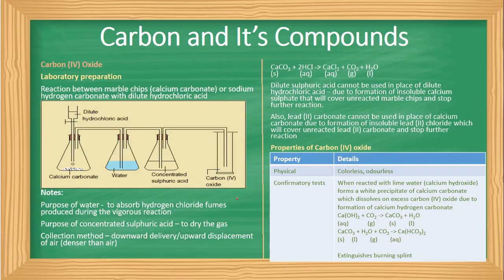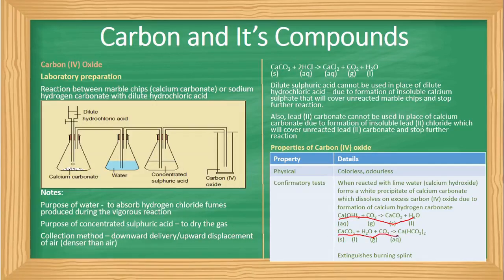This we have discussed even before in other topics, and this precipitate can dissolve if you put excess carbon 4 oxide due to the formation of calcium hydrogen carbonate. The reactions, you can see the equations that are presented here.